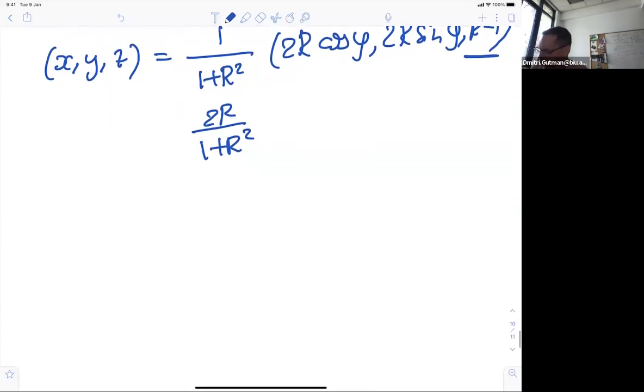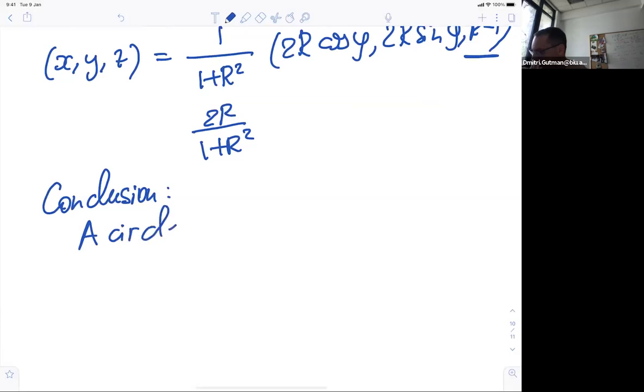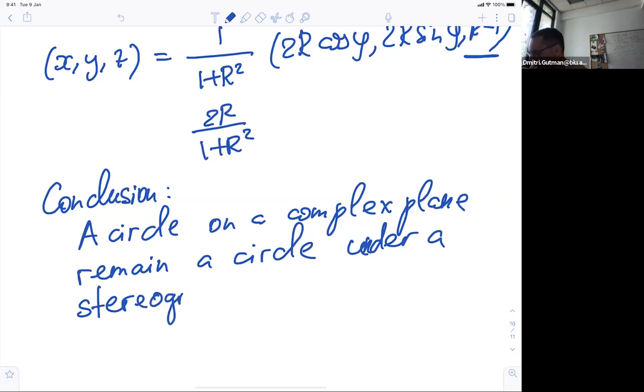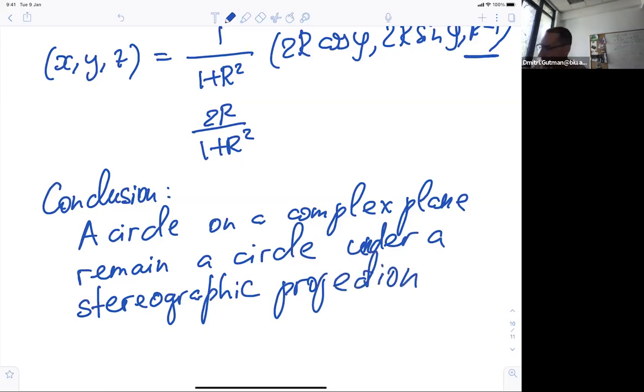So the conclusion: a circle on a complex plane remains a circle under a stereographic projection, or is mapped onto a circle on a Riemann sphere, in other words.